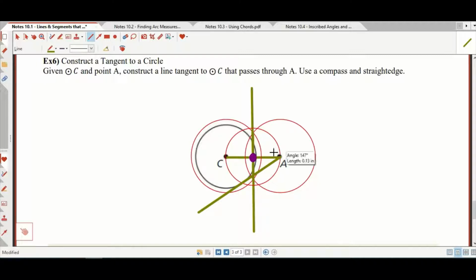I could have also just as easily done this one over here where the circles intersect. Let's make those real tangents, shall we? Real tangent lines. So there you have it, a tangent line that goes through A and touches C.